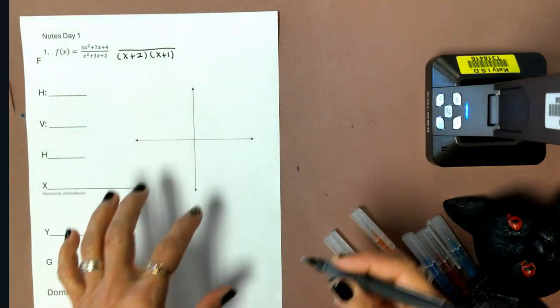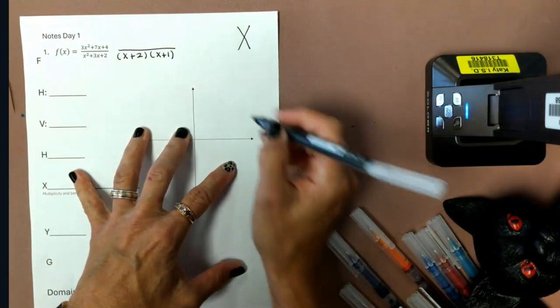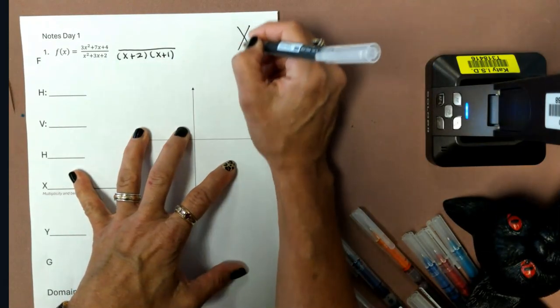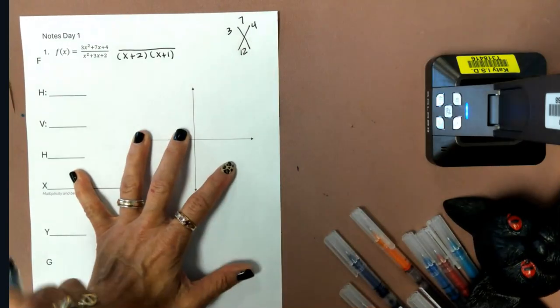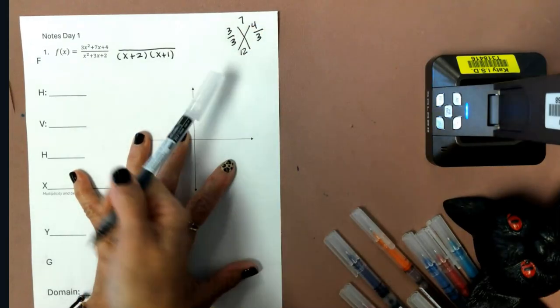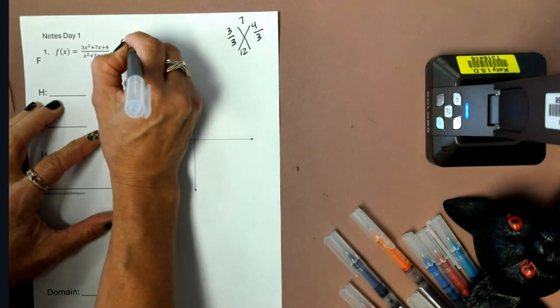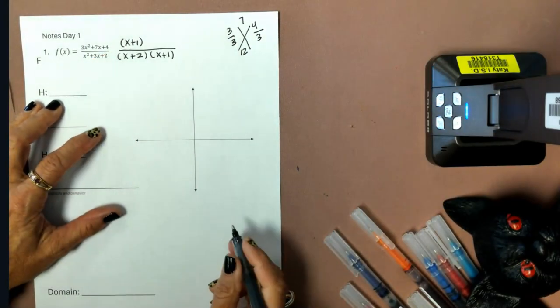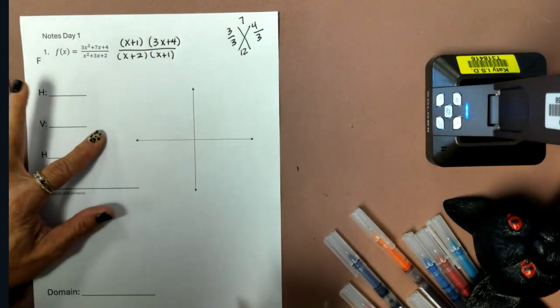For the numerator, I am going to slide and divide. I'll just show my work right here. For the numerator, 3 times 4 is 12, and we want it to add to a 7. That's going to be 3 and 4. We're going to divide by that front number. So my first factor is going to be x plus 1, and the other factor is going to be 3x plus 4.